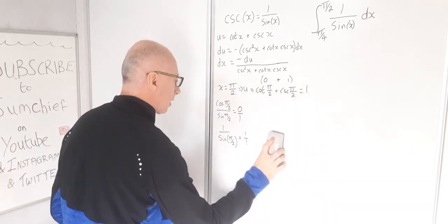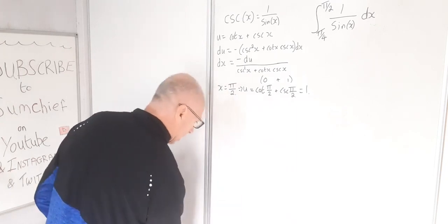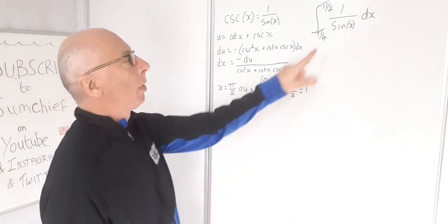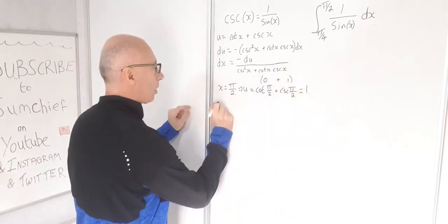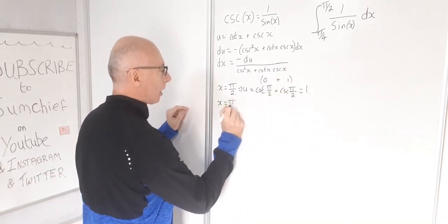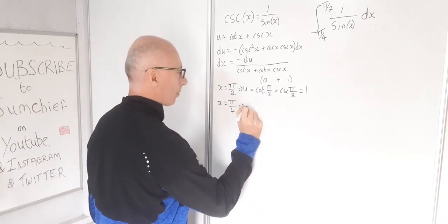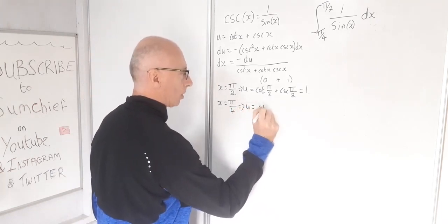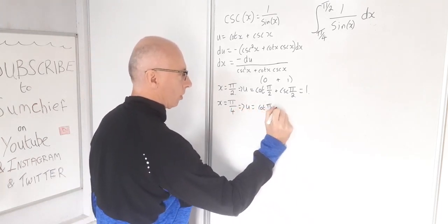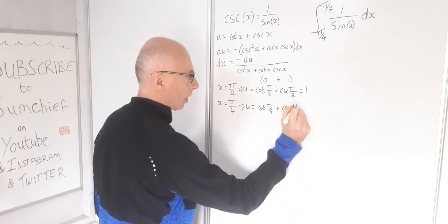Okay, let's take these ones off the board, and then let's work out our pi over 4 situation. So for x equals pi over 4, our u substitution will be u equals cotangent pi over 4 plus cosecant pi over 4.